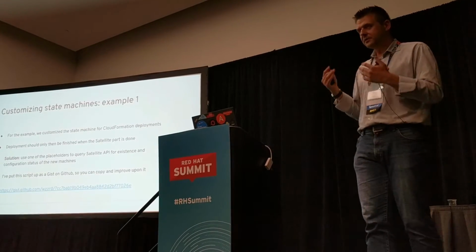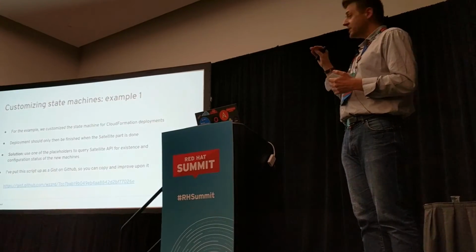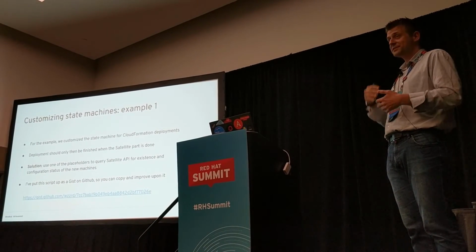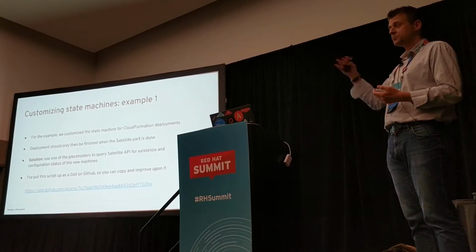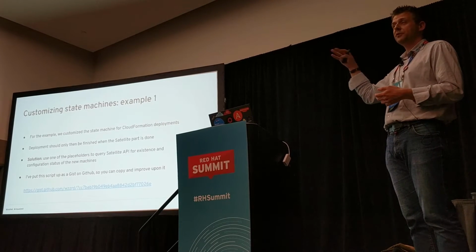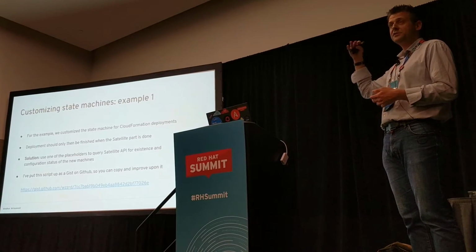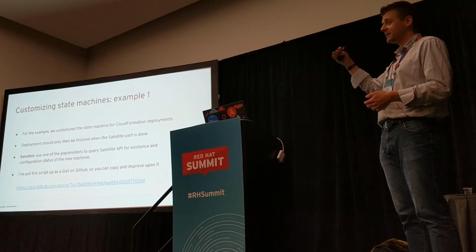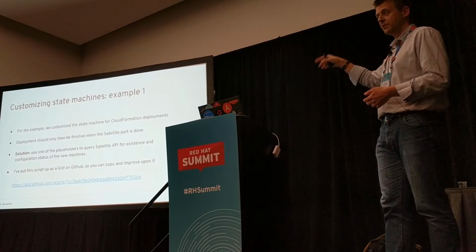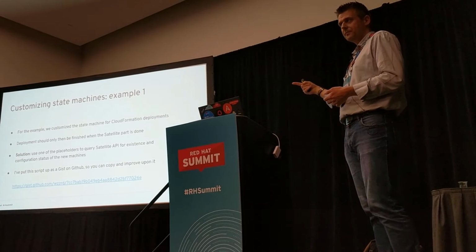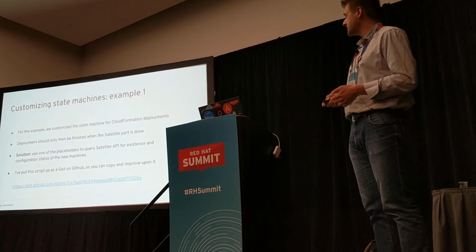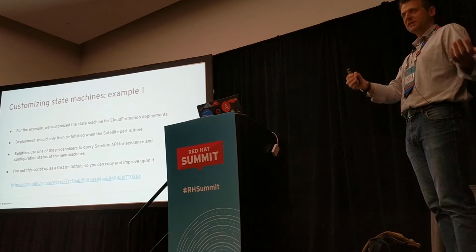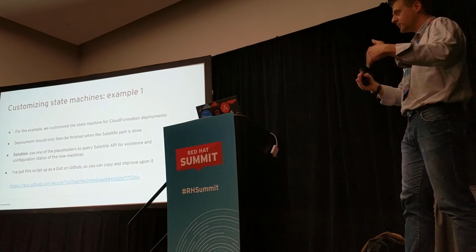This method basically reaches out to Satellite and checks if all those 4 virtual machines exist. If the virtual machines do not exist, we wait. If the 4 virtual machines all exist, we check what the configuration status is. If the configuration status is empty, we wait. If the configuration status is okay, the machine is configured and we can move on to the next step. So actually, it's relatively simple to do. And then we can only start the Tower part when the Satellite part is done, so they don't conflict with each other.